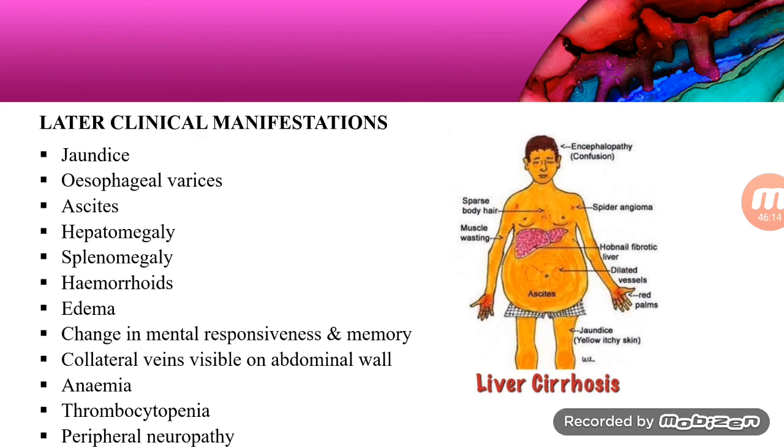Then collateral veins visible on the abdominal wall, which is also that caput medusa I discussed before. And then anemia, thrombocytopenia, and peripheral neuropathy, which I already mentioned. So these are the later clinical manifestations; you can see these in case of severe liver cirrhosis.